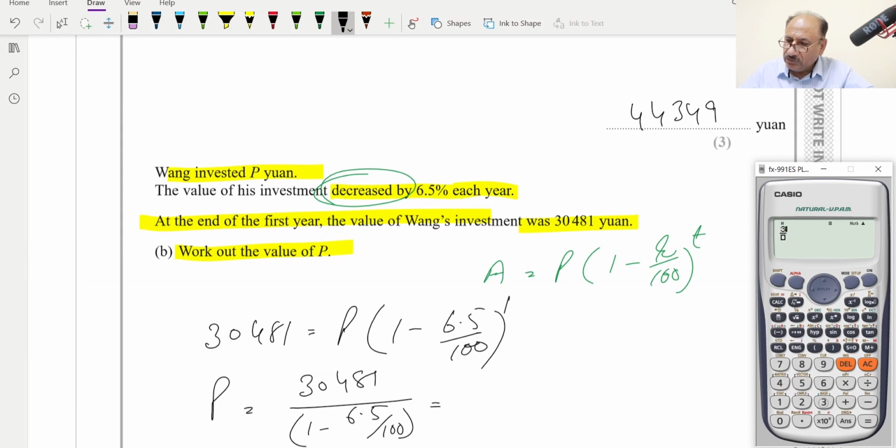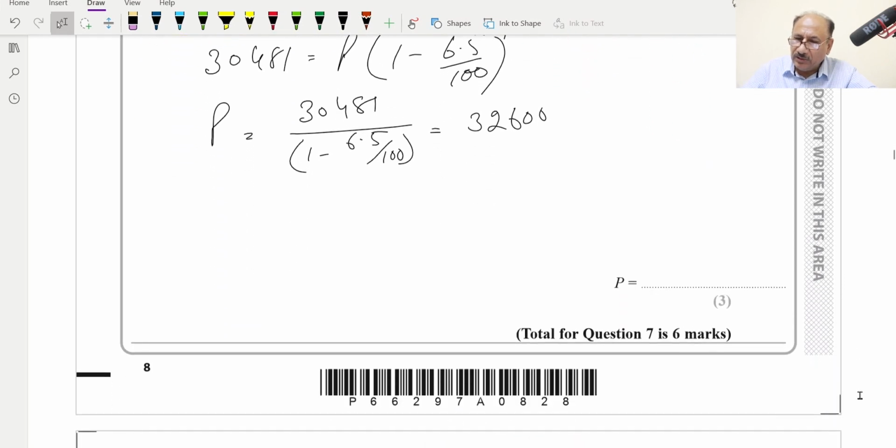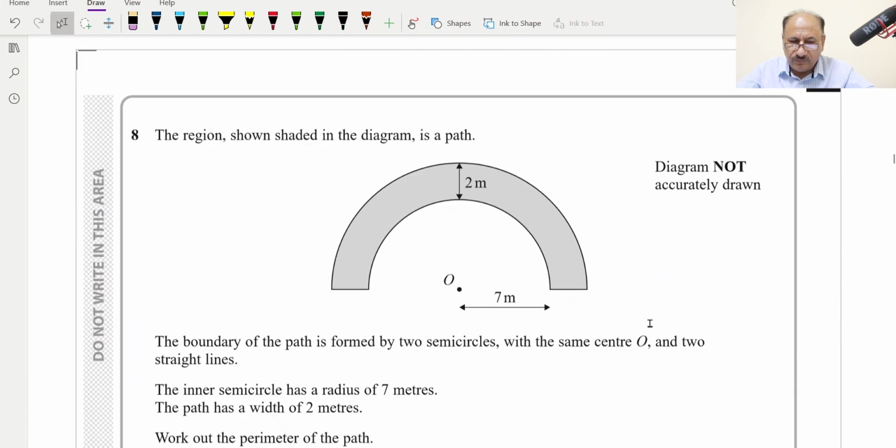So 30481 over this one will be in bracket 1 minus 6.5 over 100, and bracket will be closed, and this is equal to 32600, and we can provide answer over here, 32600. This will be our final answer for this part.